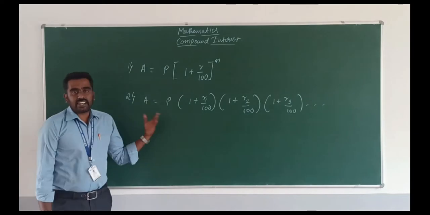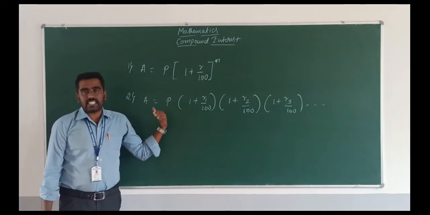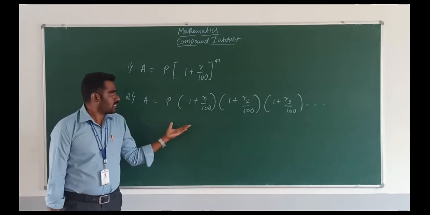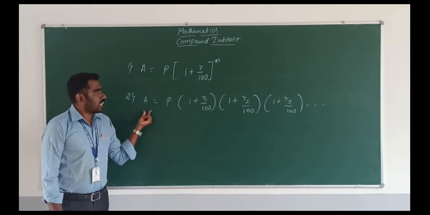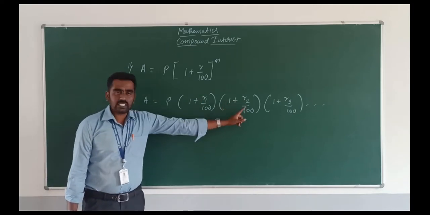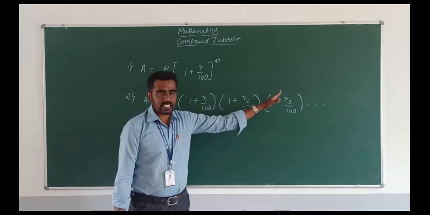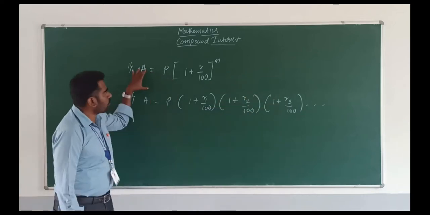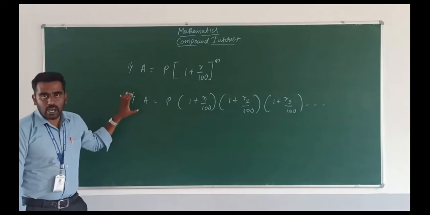So, for different rates for the successive years, the formula is A is equal to P of 1 plus R1 by 100 into 1 plus R2 by 100 into 1 plus R3 by 100. These two formulas are used to find the amount.